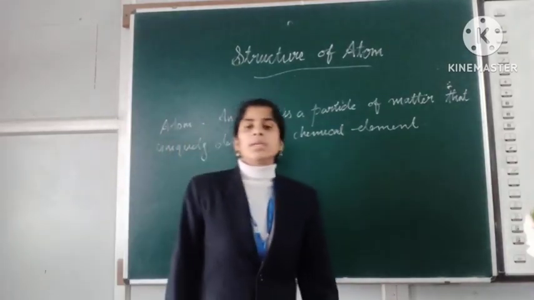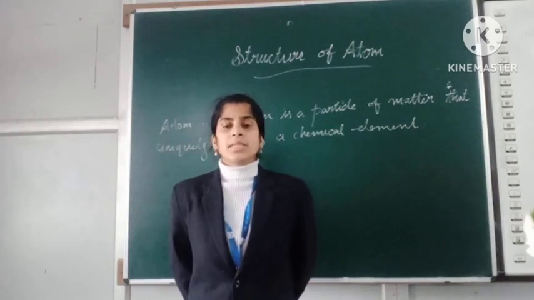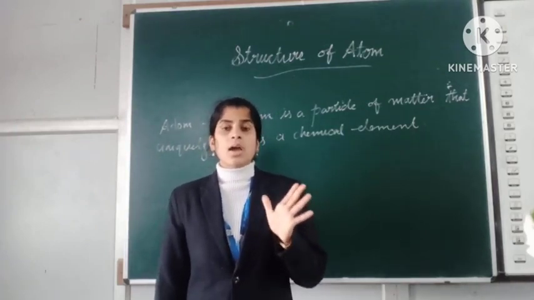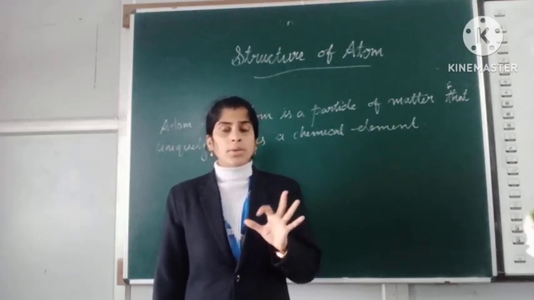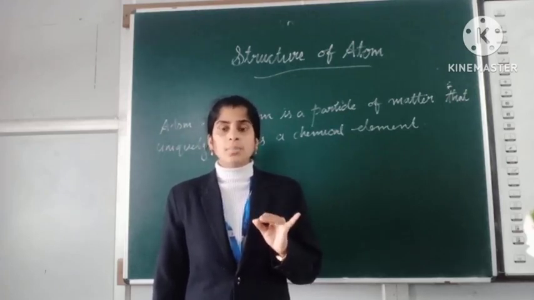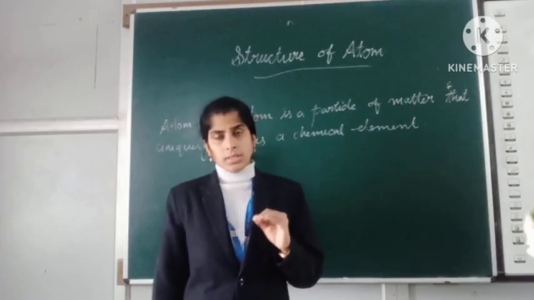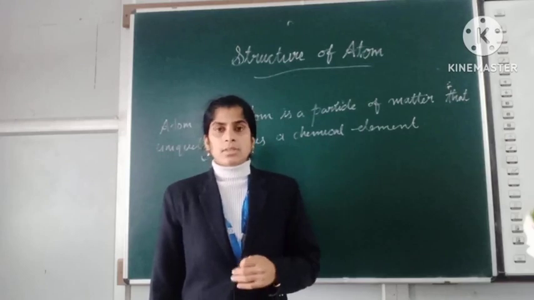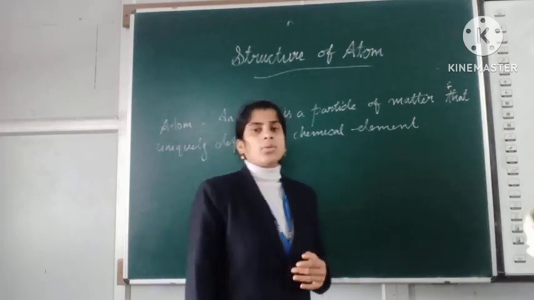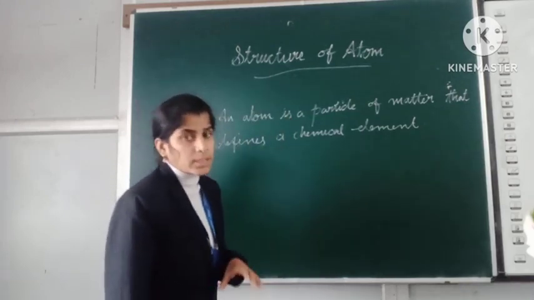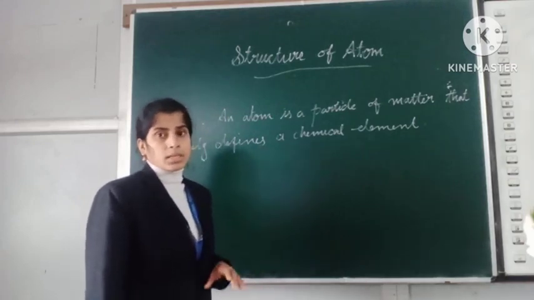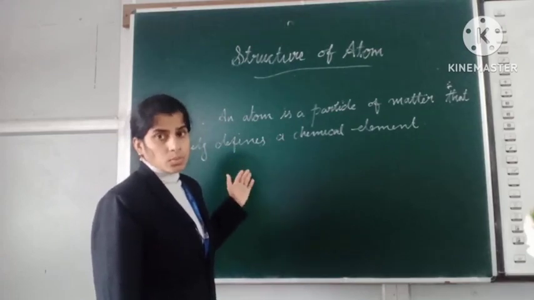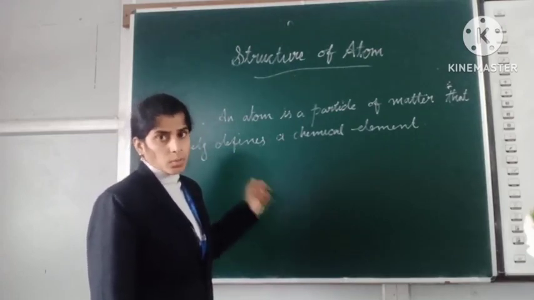We know that in Indian philosophy, all kinds of materials are made by the five Bhutas. Do you know what the five Bhutas are? Akash, Vayu, Prithvi, Jal, Tejas. After that, our great Indian scientist Rishi Kanada said that all padarthas, all matter, is made up of Anu, meaning atom.